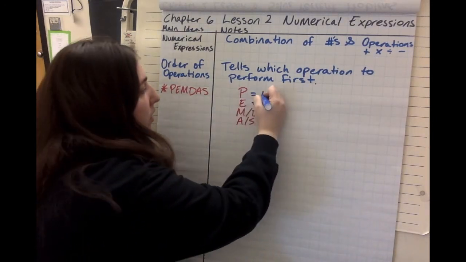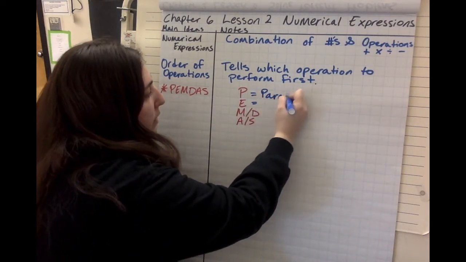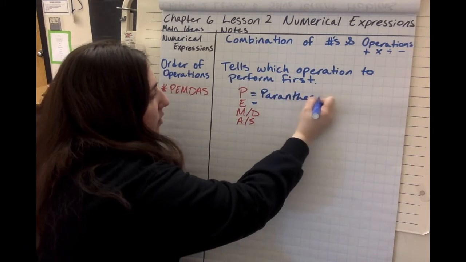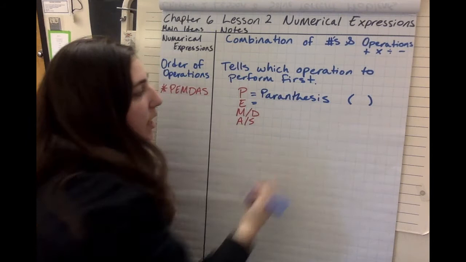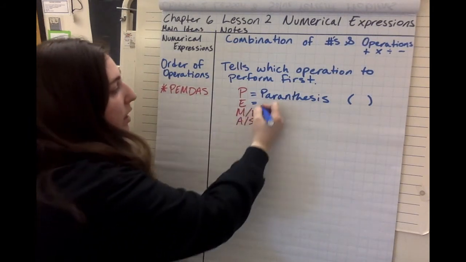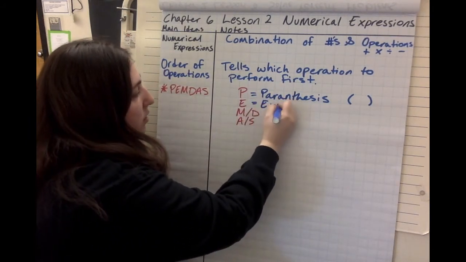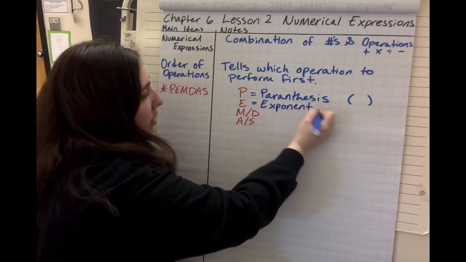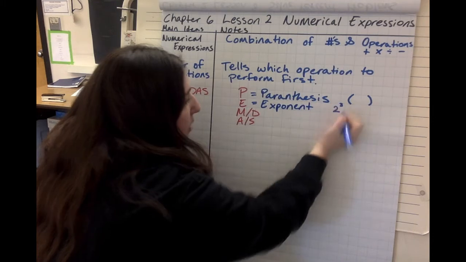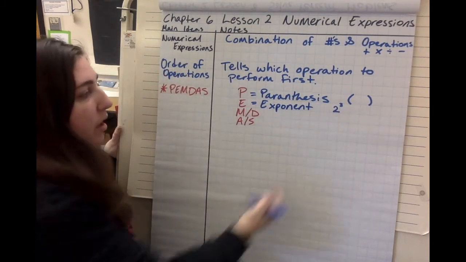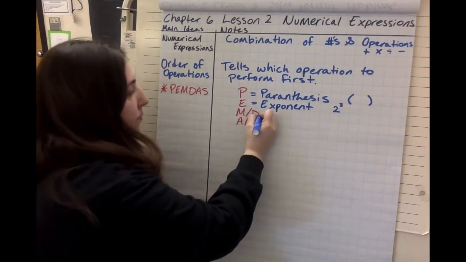So P stands for parentheses, and those look something like this. E stands for exponent, something we just learned in Lesson 1. That could look something like this, 2 to the 3rd power. That 3 is an exponent.